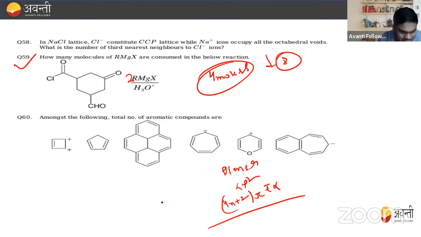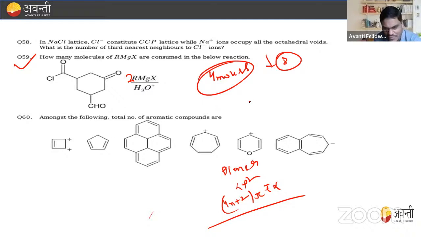Out of these, how many of you actually see that they show this planar shape and 4n plus 2 pi electrons? Which of the following, beta? Yes, tell me fast. Whether the first one will show it or not, beta?